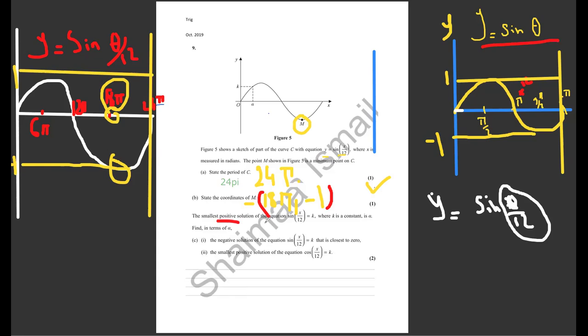Okay, the smallest positive solution of sine x over 12 is equal to k. So the smallest positive solution, where k is a constant, is alpha. Find, in terms of alpha, the negative solution of sine x over 12 equals k.